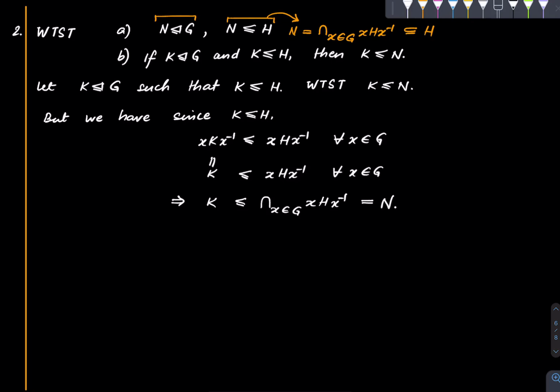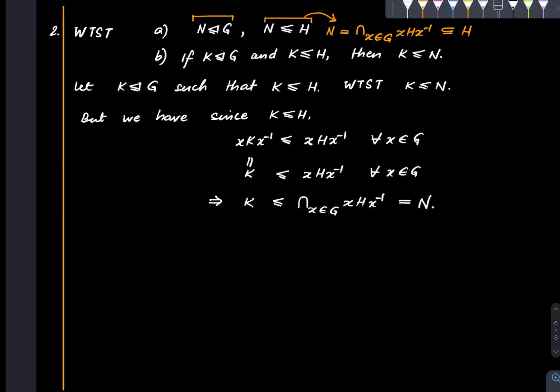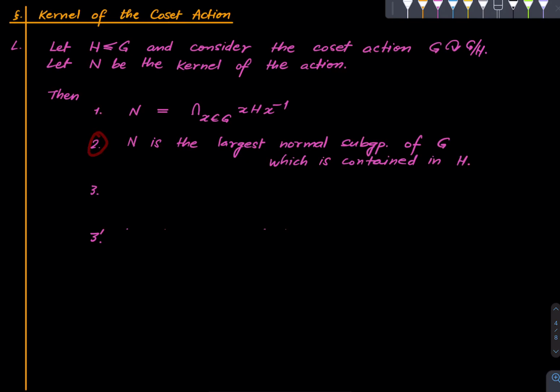That finishes the proof of part B, and therefore we have proven part 2, that N is the largest normal subgroup of G which is contained in H.